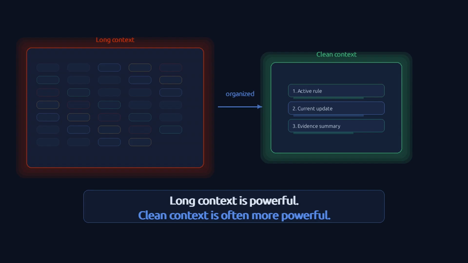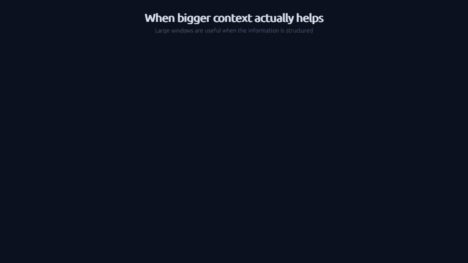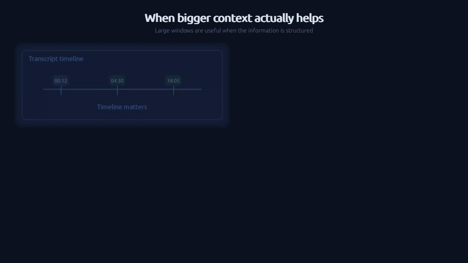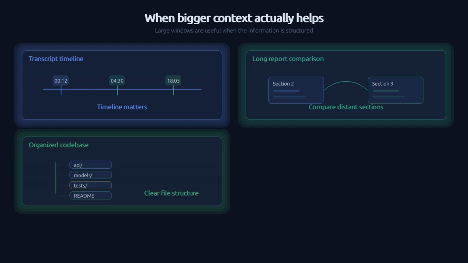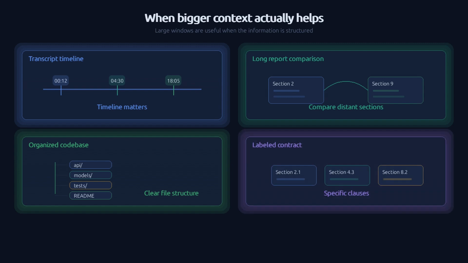This does not mean large context windows are useless. They're extremely useful when the information is well structured. For example, reviewing a long transcript where the timeline matters, comparing sections across a long report, or understanding a code base when the files are clearly organized, or analyzing a contract where the clauses are labeled and the question is specific.